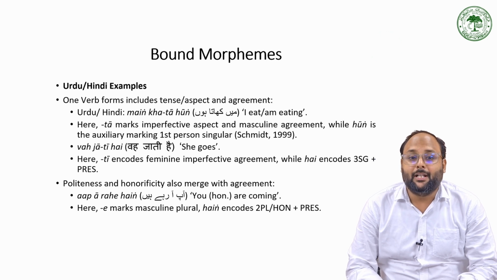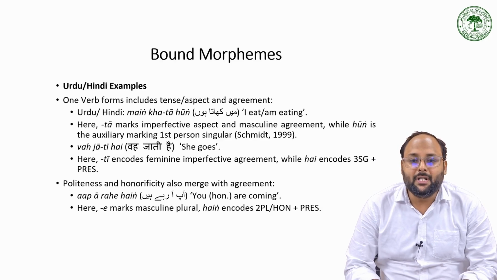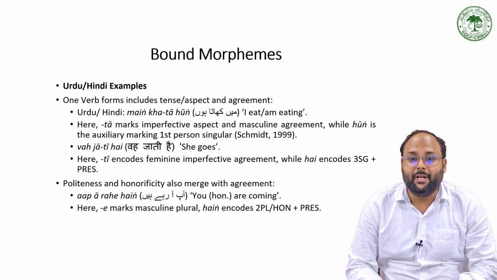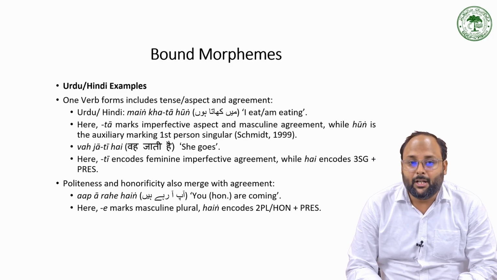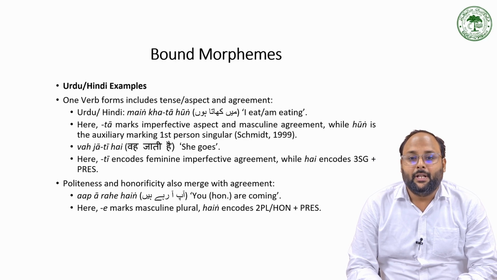We also have some examples from Urdu Hindi for portmanteau morphemes. Though these examples are not that closely related to portmanteau, you can understand the concept of portmanteau by these examples. We have an example in the verb form that includes tense, aspect, and agreement.